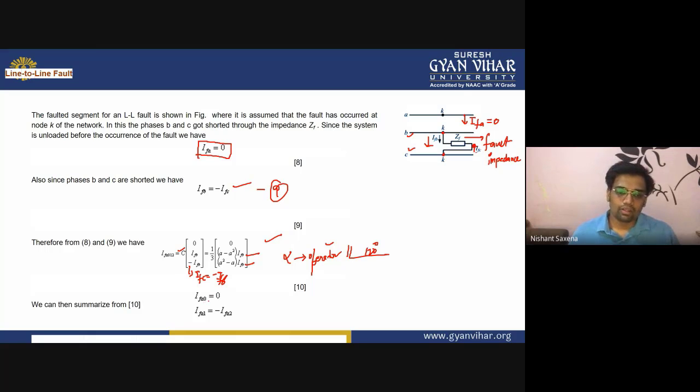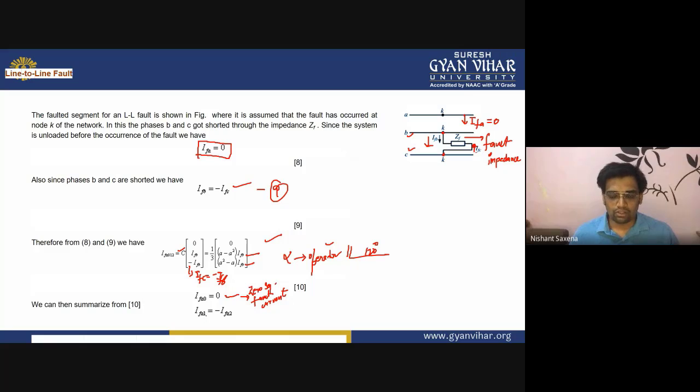Now look at this. Since we know that IFA is equal to 0, IFA0, the zero sequence fault current, is equal to 0.